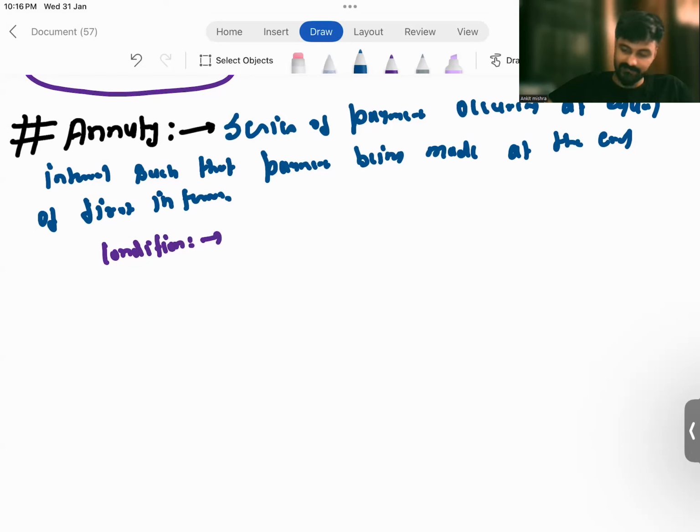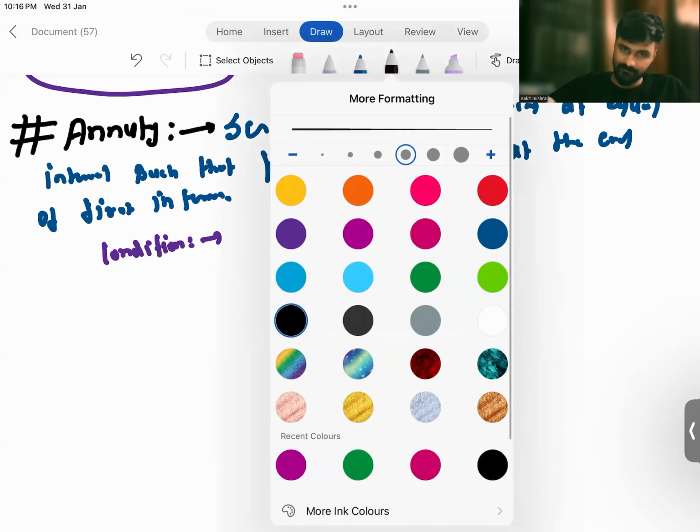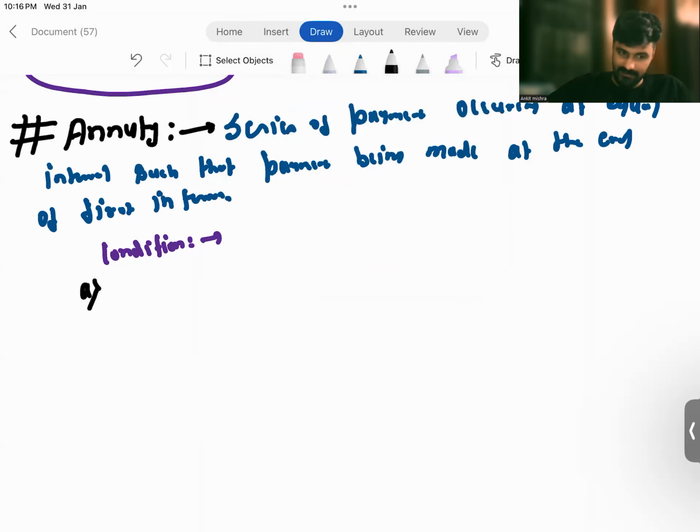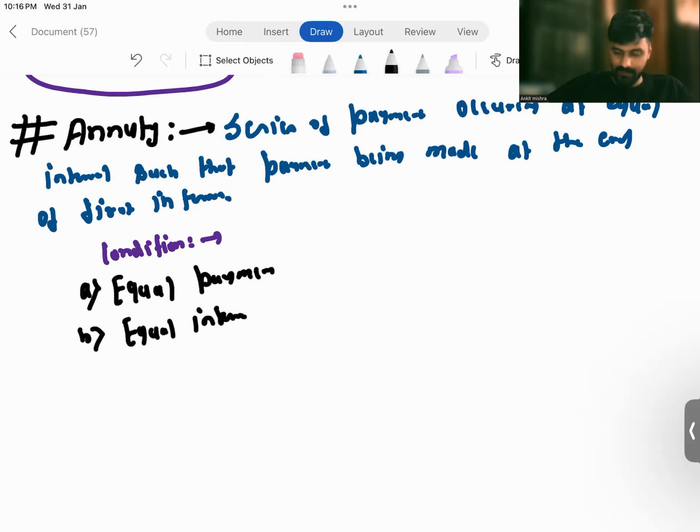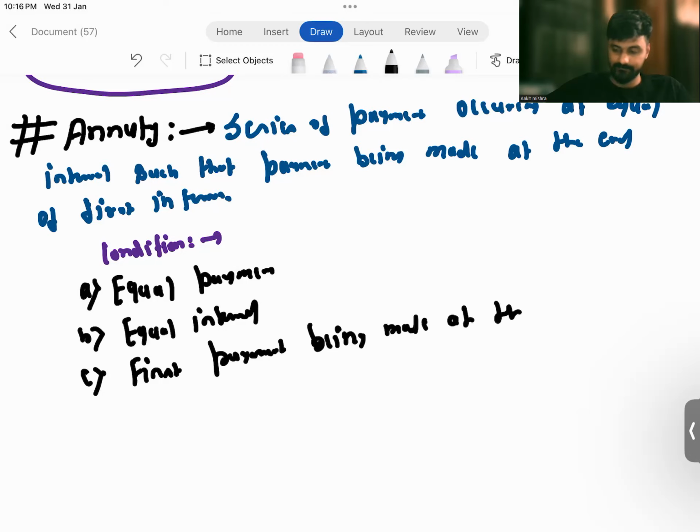The conditions for the annuity are that the first condition is the payments will be at equal intervals, and the first payment is made at the end of the first interval.